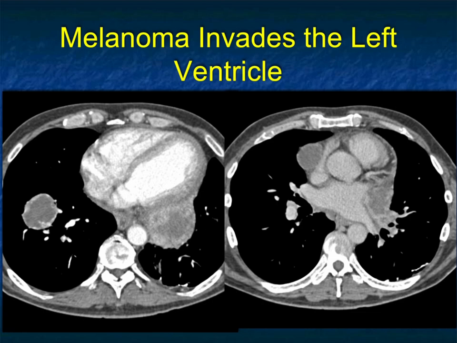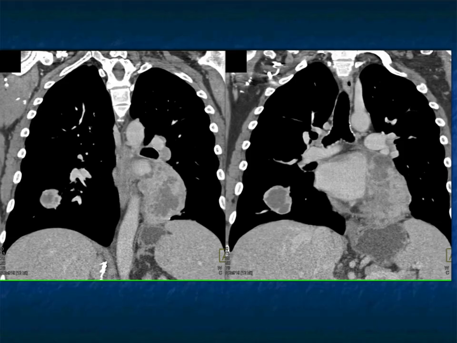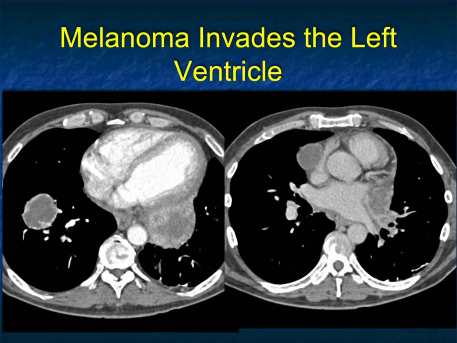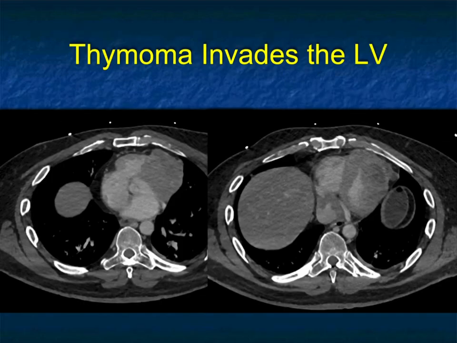The good news is new chemotherapy, checkpoint inhibitors and the like are being used to cure melanoma, but patients will get lots of complications, including tumor to the heart. And again, very nicely shown on these images. So involvement of multiple chambers. I showed you melanoma growing from a lung mass directly into the heart a few moments ago. And now I'm showing you a very nice example of extensive tumor, really nicely shown in this example.